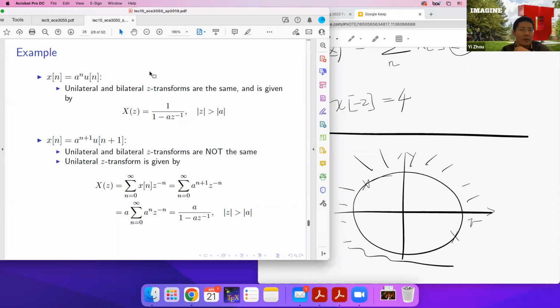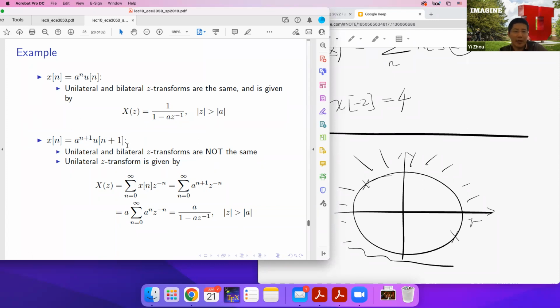Okay. So therefore, we can just consider its bilateral Z transform. And from the previous discussion, we know that this signal has such a bilateral Z transform. And in this case, this is also the unilateral transform of this signal. But for this other signal, the unilateral and bilateral transforms are not equal, because it is not a causal signal.